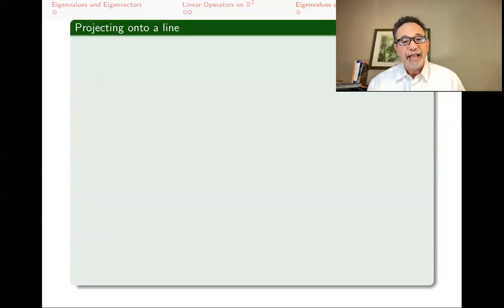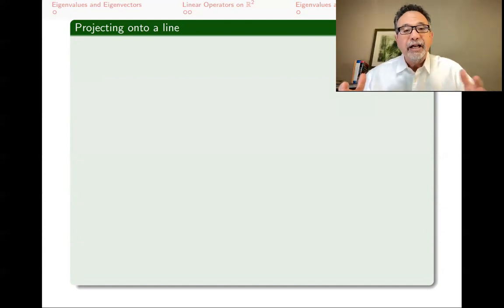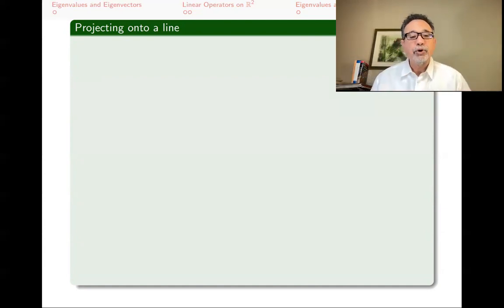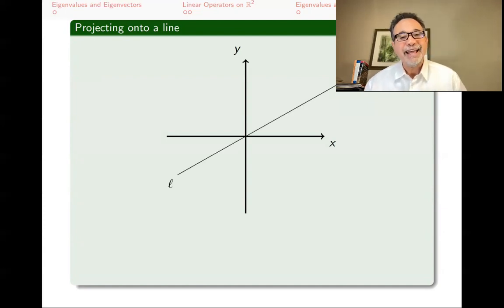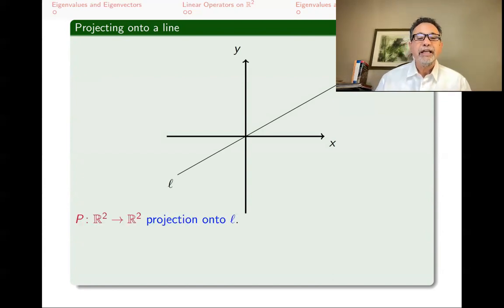So let's give another example, an example where I'm able to tell you eigenvalues and eigenvectors without any calculations. Again, in the next video, we will fill that gap and tell you how to do it in a computational way. So let's look at projections onto a line. We have the XY plane again, and I have this line L, and I want to look at projections onto the line L. So P is going to be a projection from R2 to R2, and this is also a linear operator on R2.